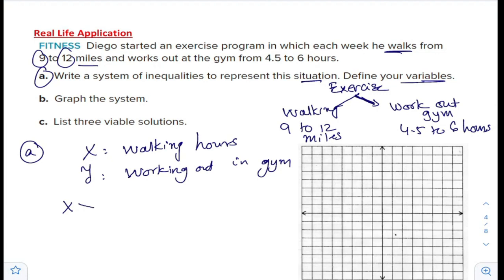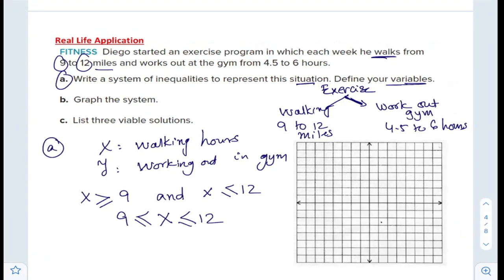So it should be greater than or equal to 9 miles, and at the same time, less than or equal to 12. وبمعنى آخر, it can be written in this way. الإكس اللي هي عدد الأميال التي يمشي بها بين 9 مايل و 12 مايل. And an inequality, if you remember, can be written in this way: بين 9 وال 12 بس تتضمنها, inclusive. It's 9 to 12. هاي بالنسبة للإكس.